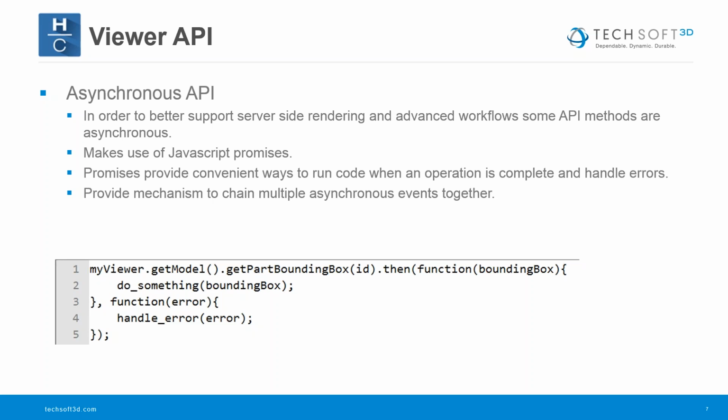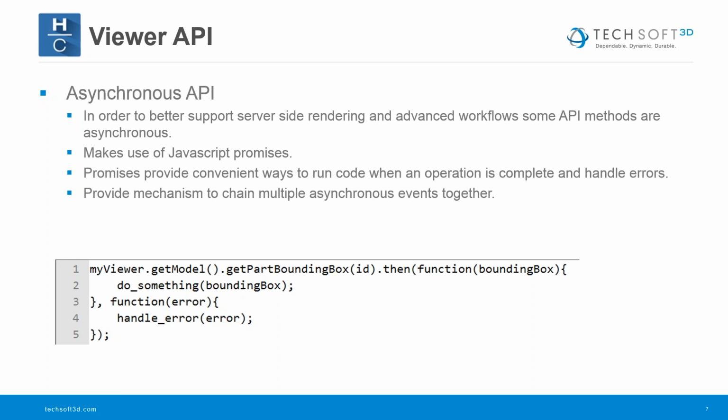In the example below, if you're requesting the bounding box for a particular part or a node inside the tree, instead of getting an object with the bounding box returned, what you get back is a so-called promise, which is similar to a callback. It basically says, we don't have that information yet, we might need to request it from the server, and you get it back later, asynchronously. You see that below.